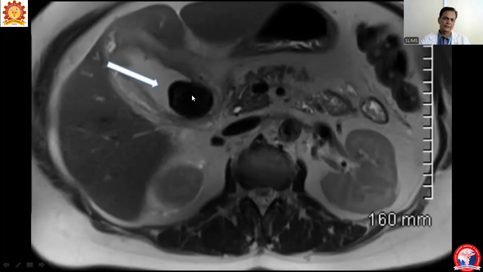Bone cortex as well as calculi do not show any signal, so they look dark on most sequences. So this is an intraluminal gallbladder calculus, which is well defined and without any signal. There's a signal void.